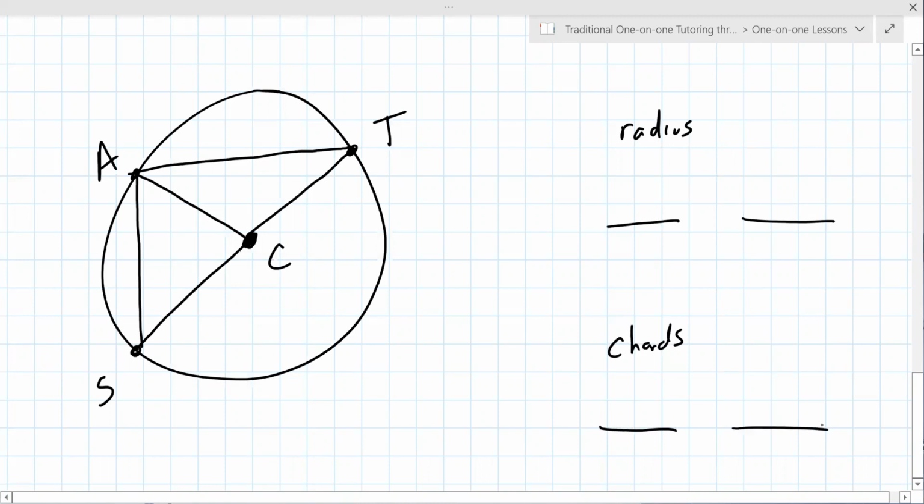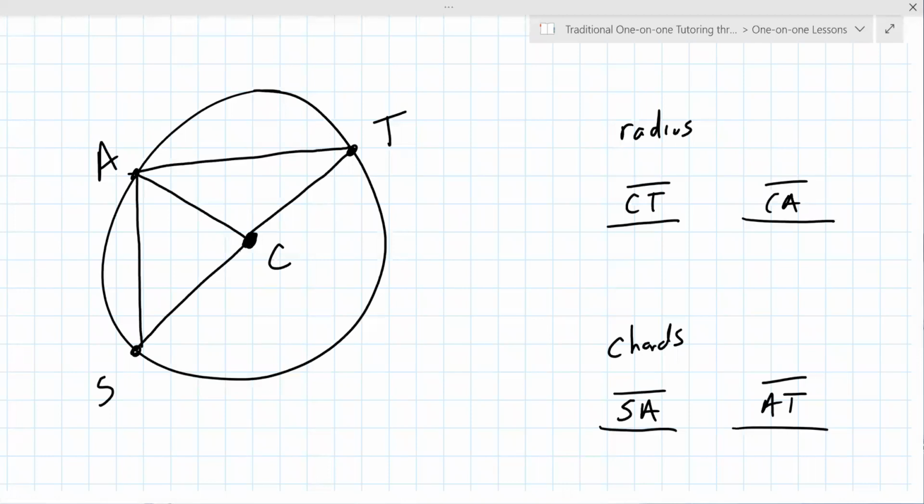I guess you could say CT and CA. Okay. And a chord S and A. Okay, is there another chord? A and T. Yes. Any questions on that?